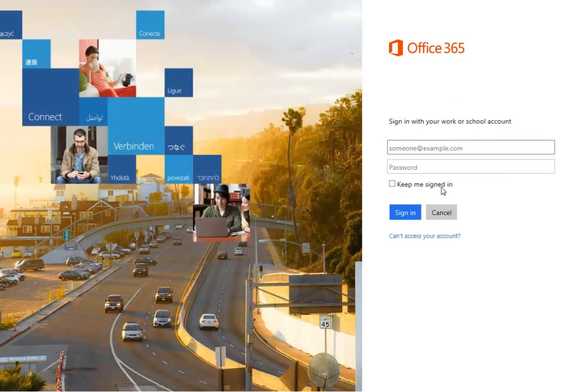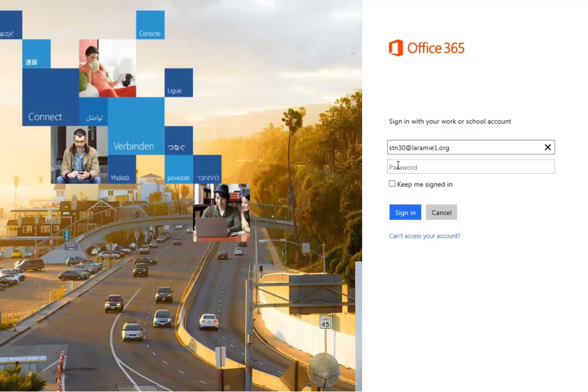And the first time I go in, it will ask me for my email address. Now, I don't have a student account, but I'm using a special account that we have for training. And remember, yours will be your student ID at students.laramie1.org. And so I'm going to type in my special account that I'm using today.